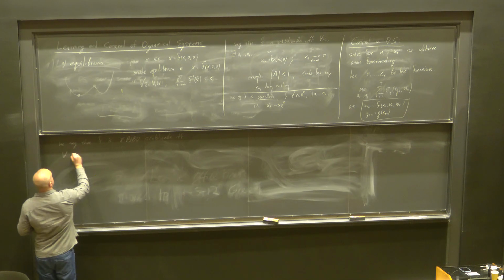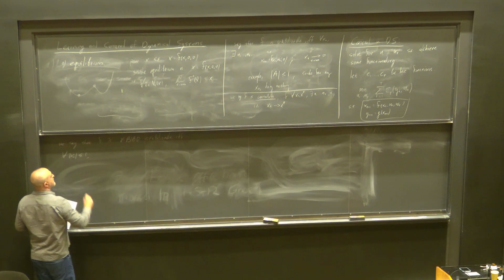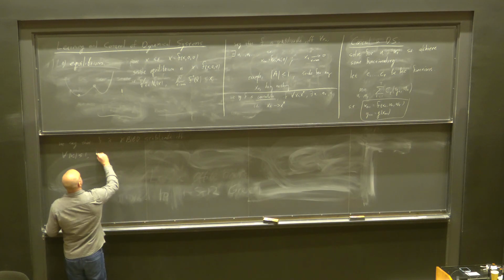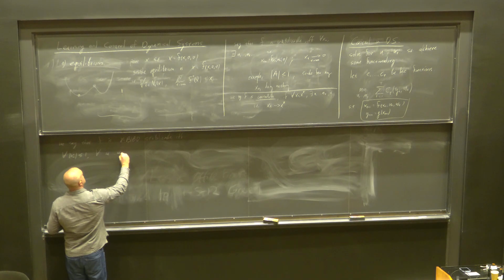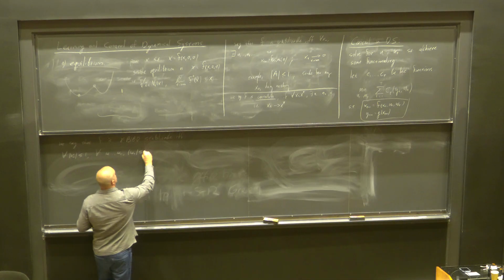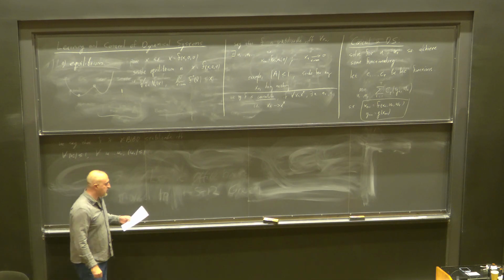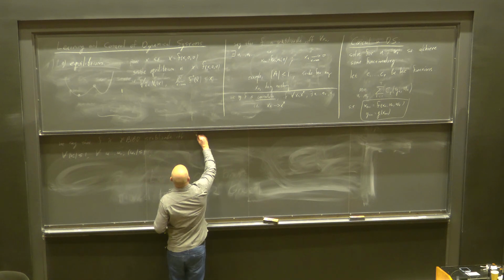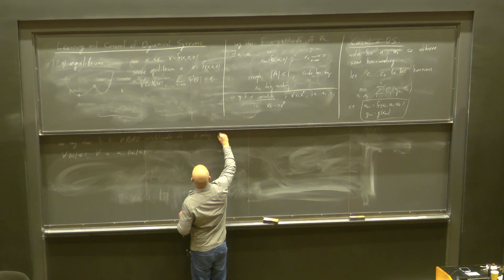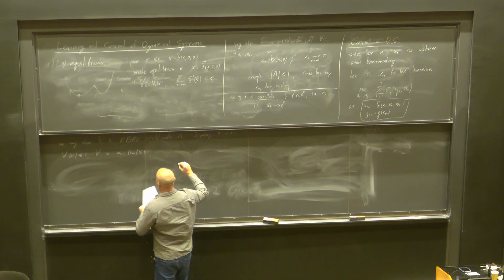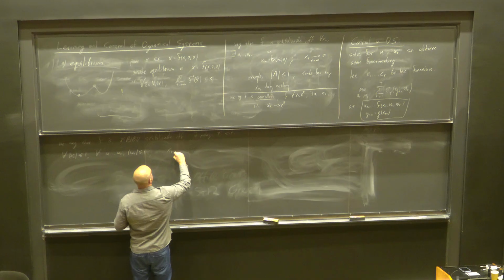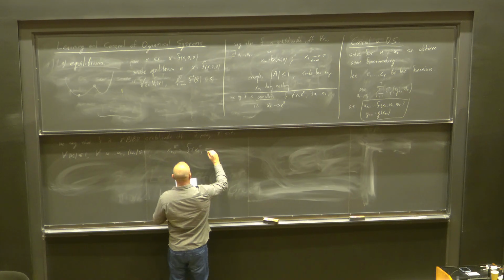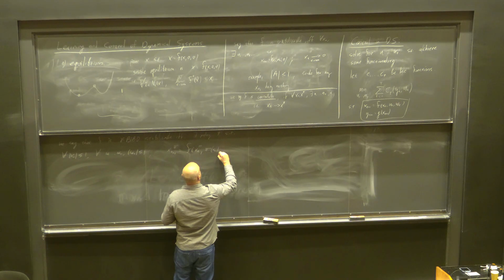For every x0 that's bounded by 1, and for every noise sequence w1 up to wT, where the w's are also bounded by 1, so I'm requiring the boundedness of everything, there exists a policy pi such that the following is true. x_{t+1} is f of x_t, pi of x_t, w_t.